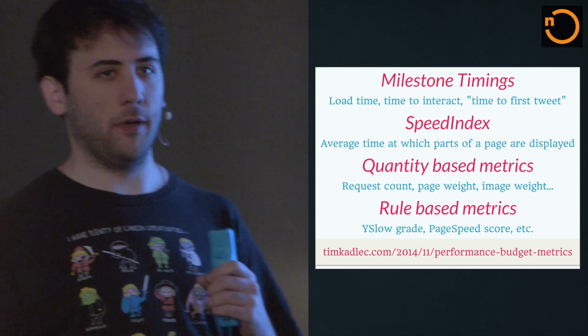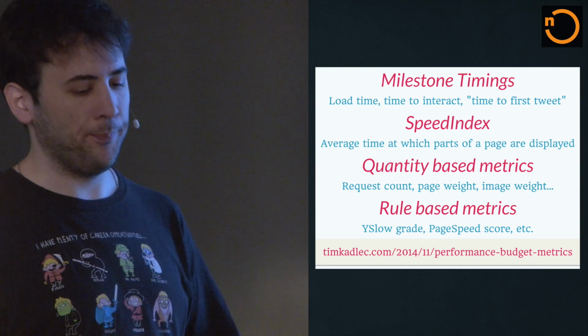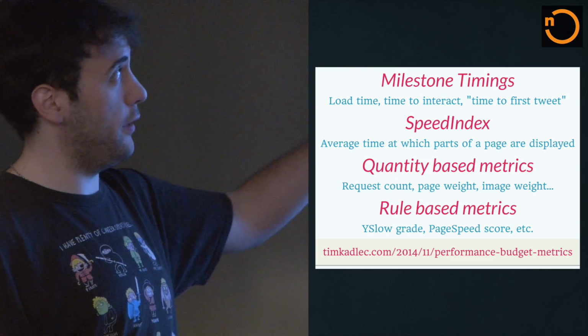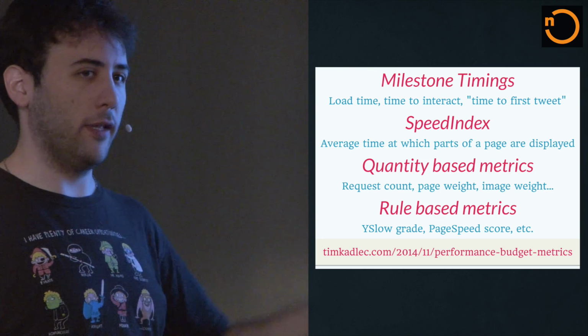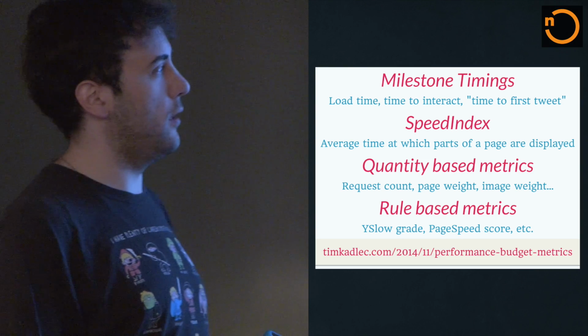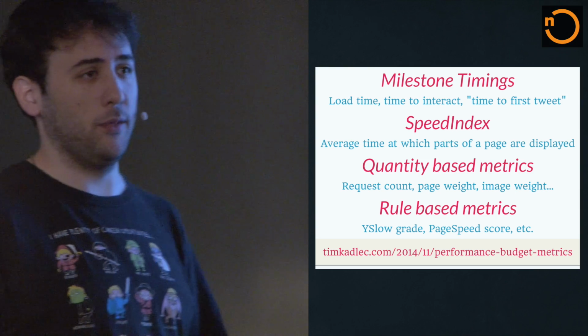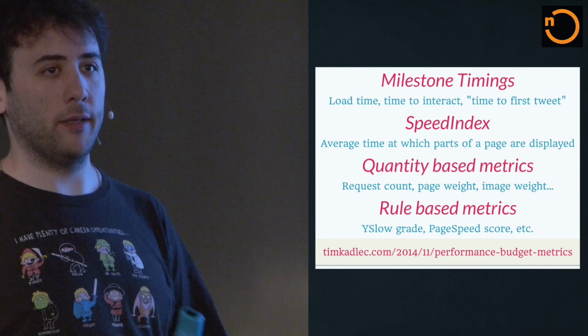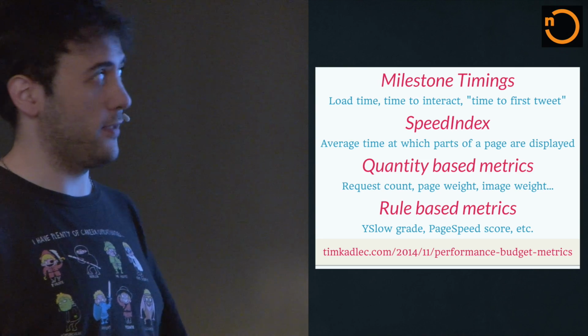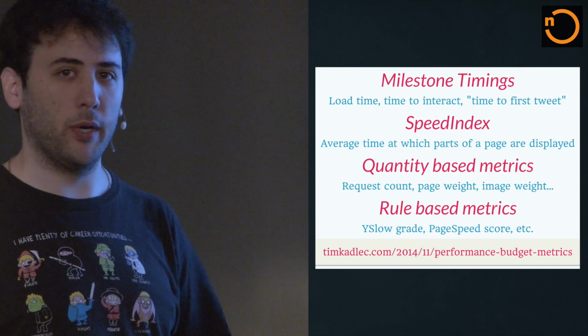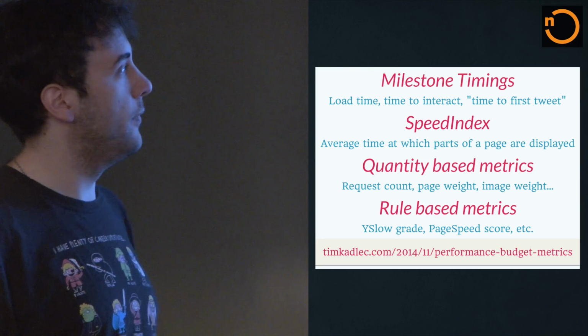Make sure that if this check fails, then the build fails also. That's a really important and easy way to make sure that performance stays relevant for everyone involved in the team.